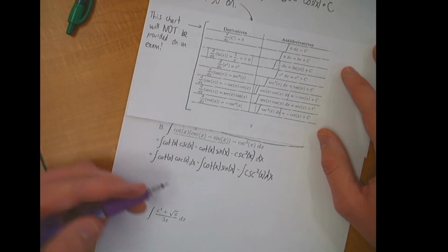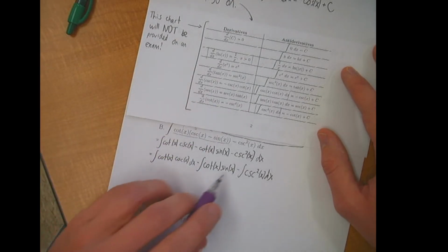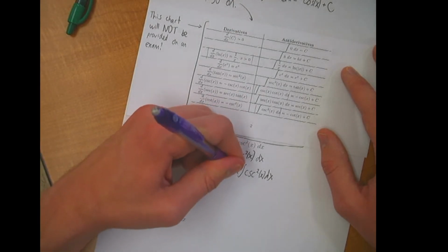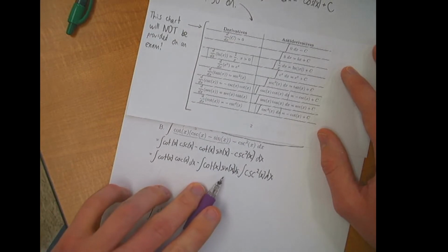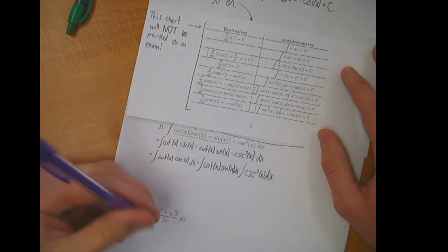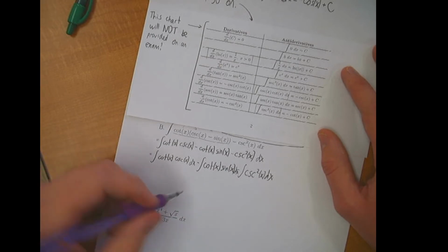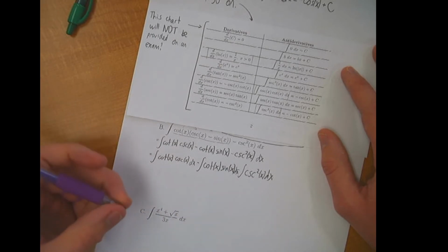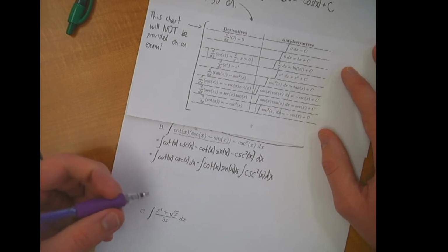But here's the kicker. If we take a look at this, it doesn't really seem like we have anything for cotangent times sine. So it seems like we're going to need to figure out some way to simplify this. So do you guys have any thoughts on how we could do that here? Any thoughts, comments, or suggestions?